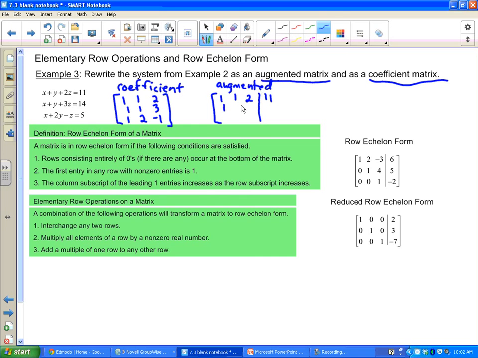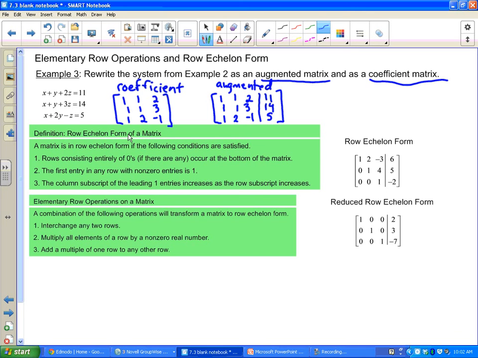So then I would do 1, 1, 3, and that equals 14, 1, 2, -1, 5. So that's how you would write a coefficient matrix or an augmented matrix. It's called augmented because when you augment something, you add something to it. We took the coefficient matrix and added a column at the end for the right-hand sides.